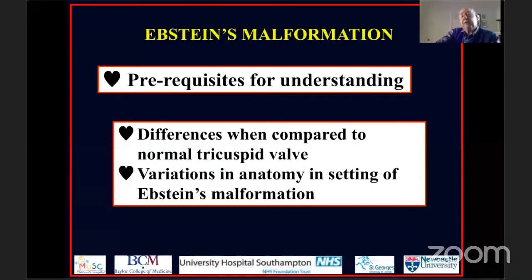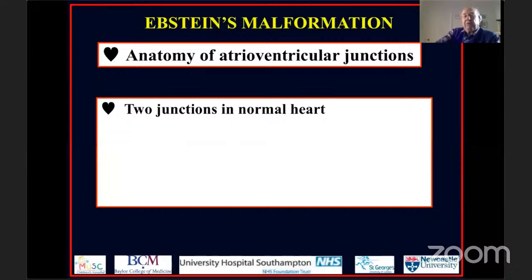So the other thing I'm going to emphasize is that having noted the differences between the tricuspid valve in Ebstein's malformation and what we see in the normal heart, we then need to analyze the changes we find in the setting of the phenotypic feature of Ebstein's malformation, which is apical displacement of the septal and inferior leaflets away from the atrioventricular junction. But let me start by revising with you the anatomy of the normal tricuspid valve.